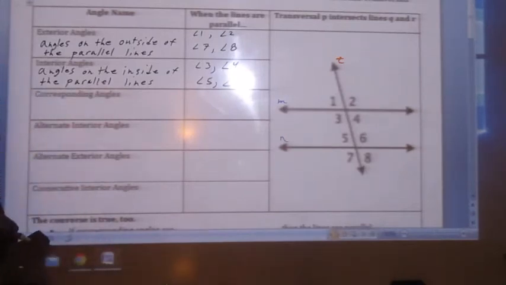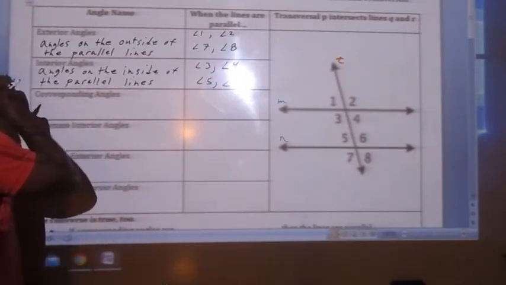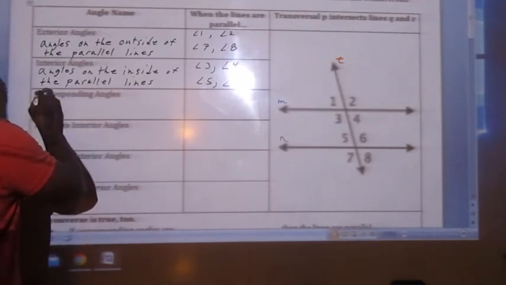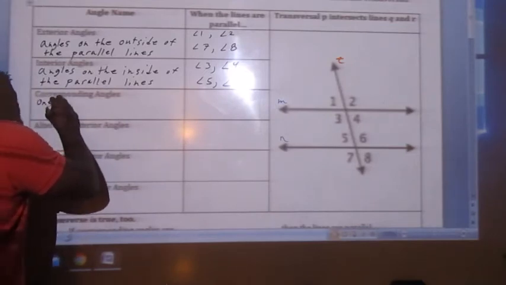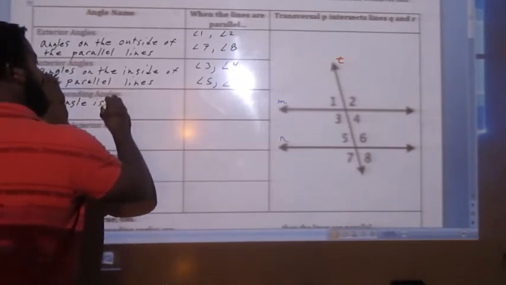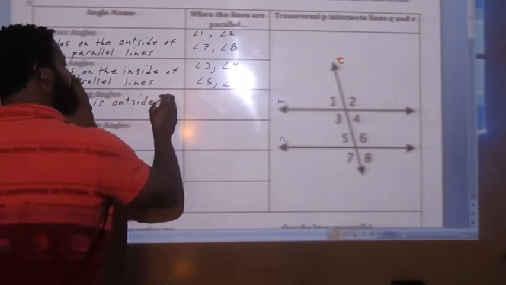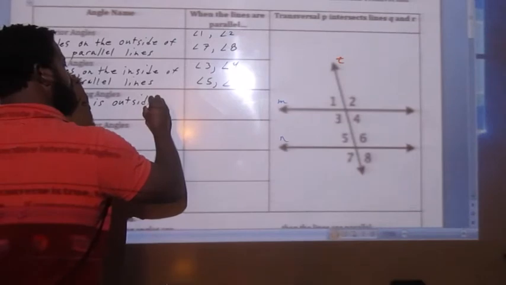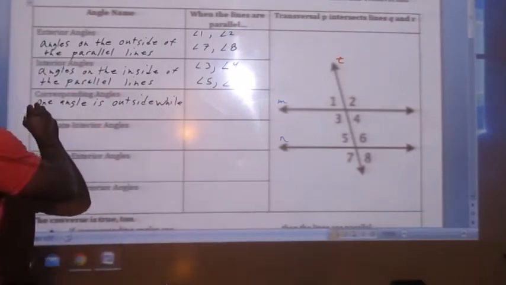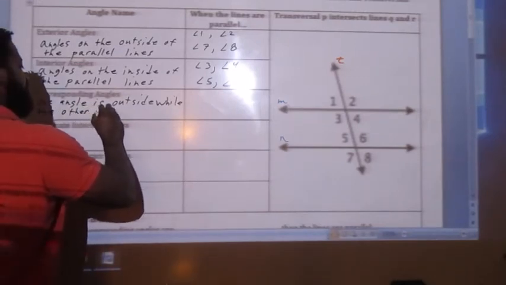Corresponding angles, okay? Corresponding angles are congruent angles where one angle is outside and the other is inside.